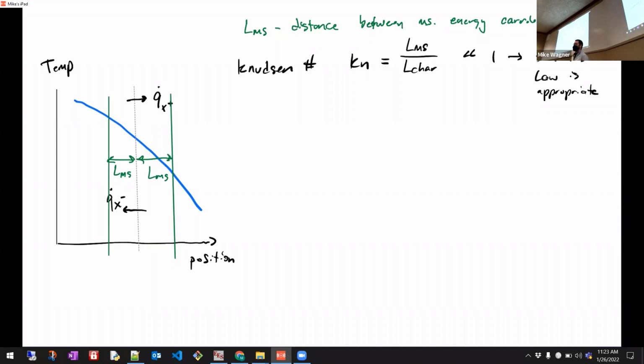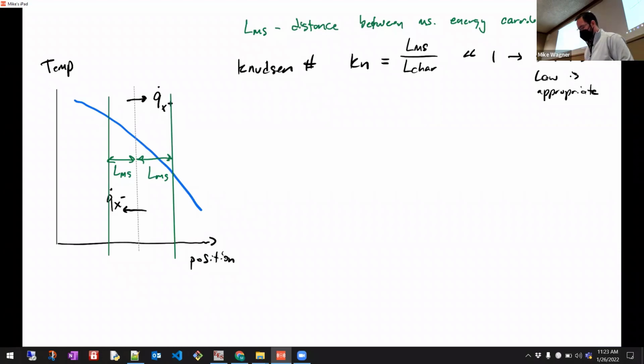Fourier's law as a model of heat transfer is not appropriate. First we need to convince ourselves LMS is much smaller than L characteristic. When we have that, the following analysis is valid. So let's assume the Knudsen number is much less than 1, and we're okay. All right, then we can move on.